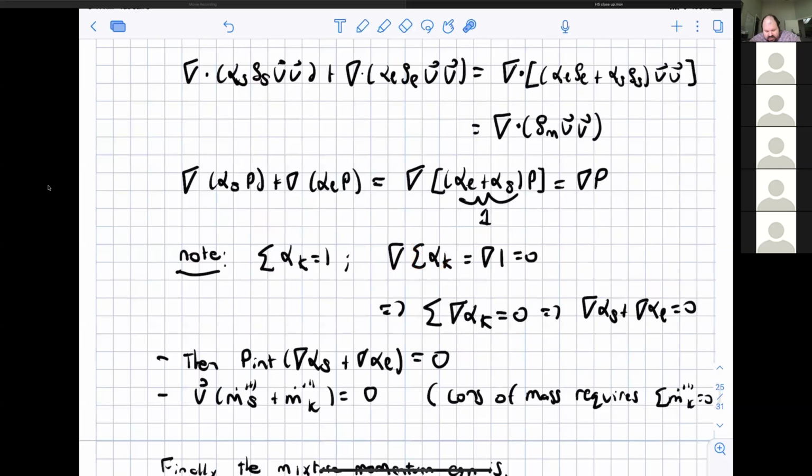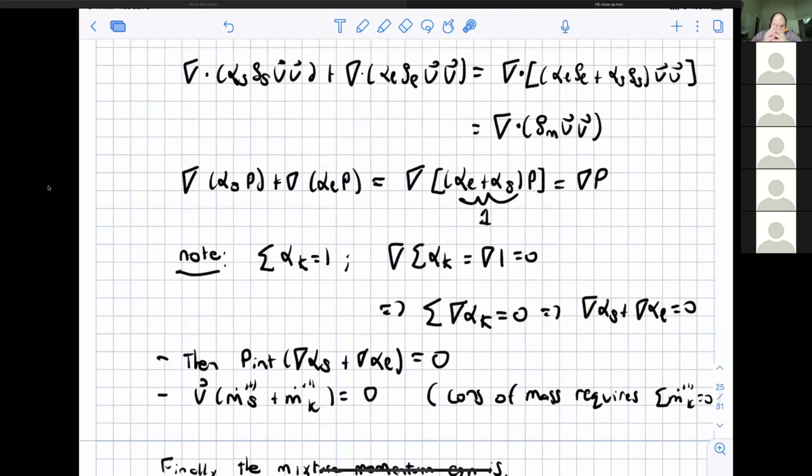These are two linear operators, so we can move the gradient inside with no problem, which implies that the sum of the gradients of the volume fractions is equal to 0. If you expand this out for two phases, we have the gradient of alpha G plus the gradient of alpha L is equal to 0. And that's where the relation I used earlier comes from, just from playing with your vector calculus.